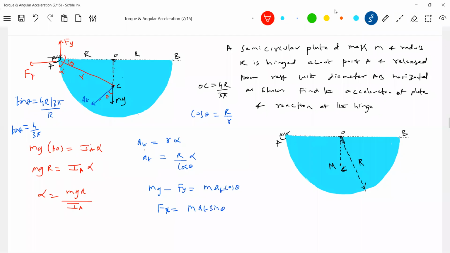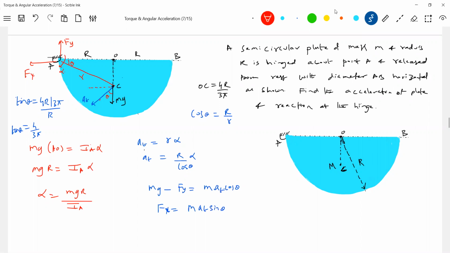The hinge will try to pull the semicircular plate. Of course, it will not move. The reaction is what we are calculating for this position. The component of a tangential, a_t sin theta, will act along the x-axis. So Fx should be equal to m into a_t sin theta. Then mg minus Fy is equal to m a_t cos theta. So sin theta and cos theta we can find from here, substitute, and we will get the required answer.